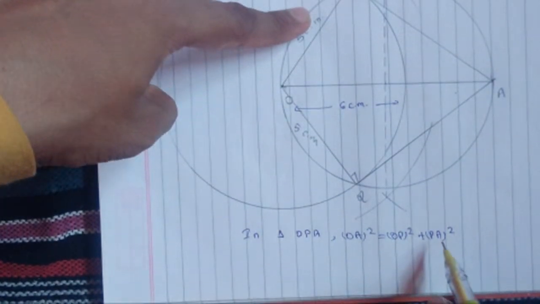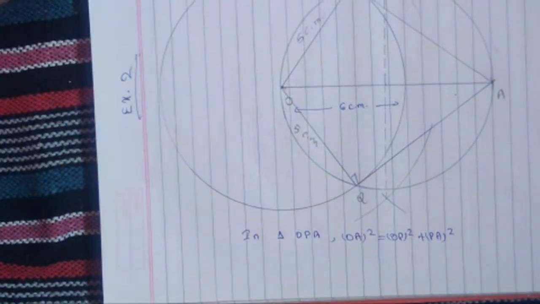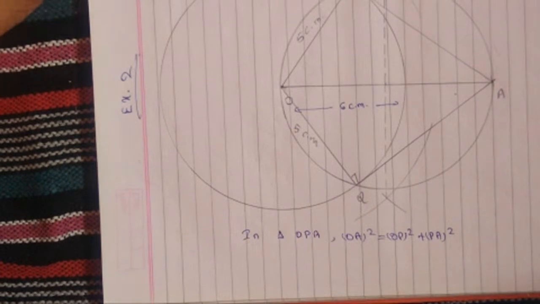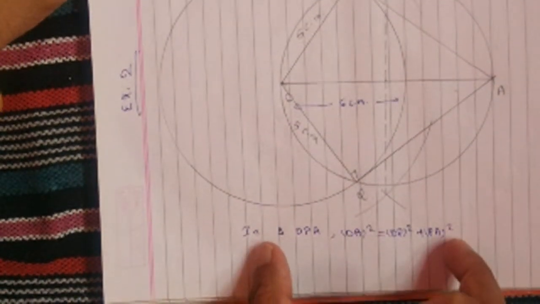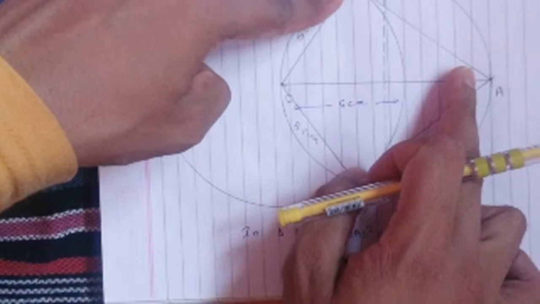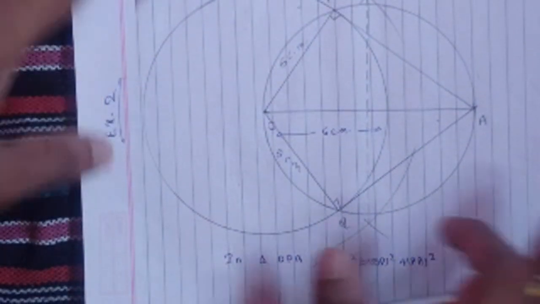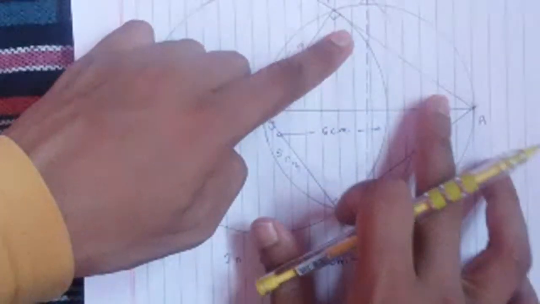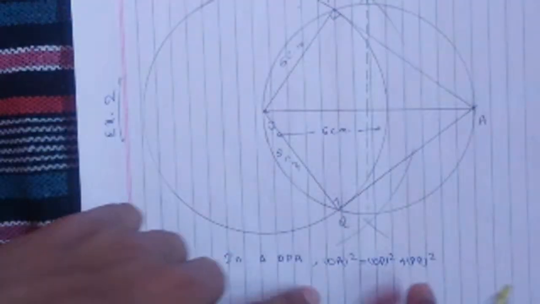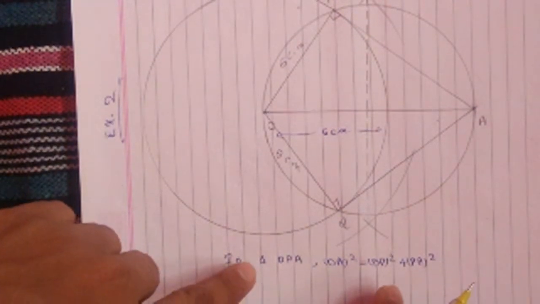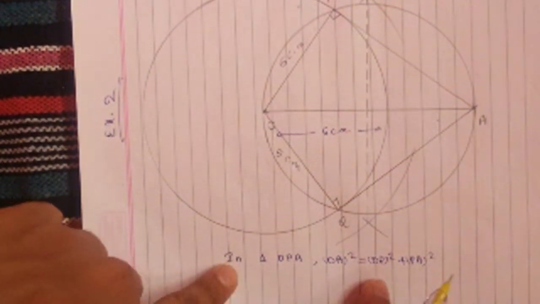By using that, find out the value of PA. Okay, this is by the theoretical method, and this is by the practical method. Your practical method must be equal to the theoretical method. Okay, then only your answer is correct. That means the length of PA in the practical method must be equal to the length of PA in the theoretical method.